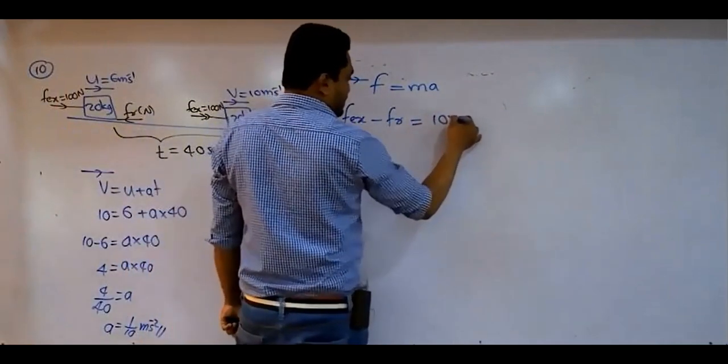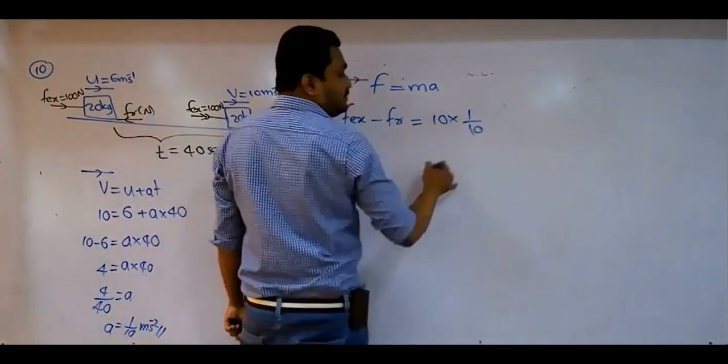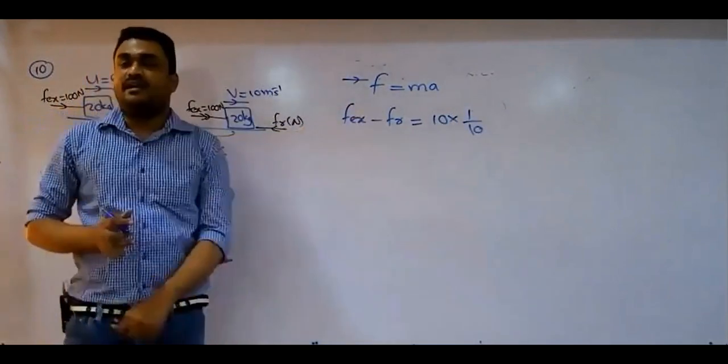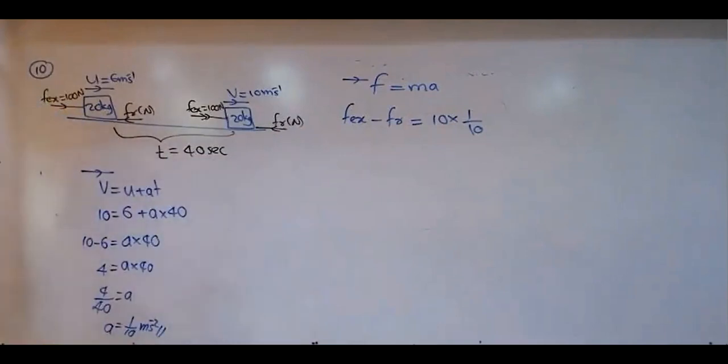Mass is 10, acceleration is 1 over 10. Can you do the rest and find F_R? 1 over 10 means 0.1 if you want.